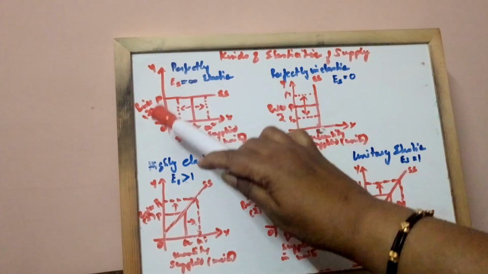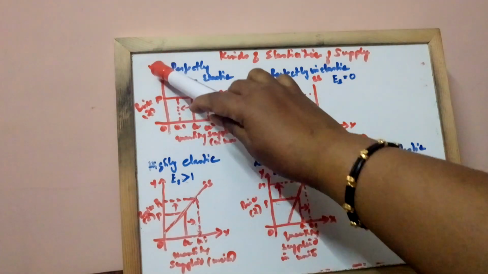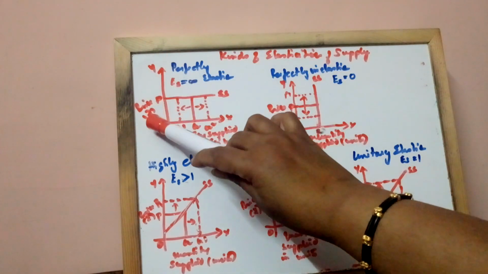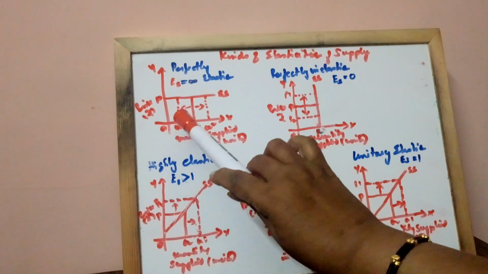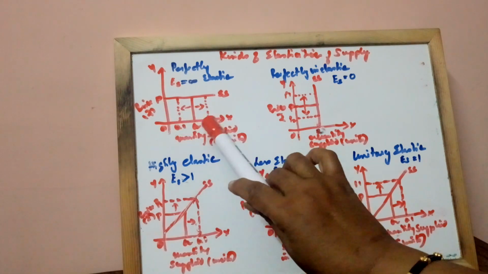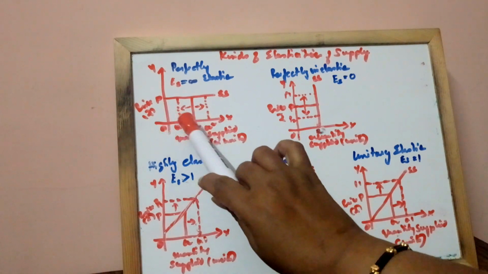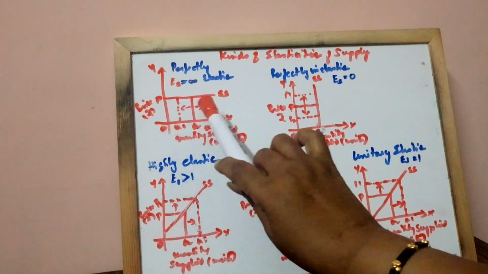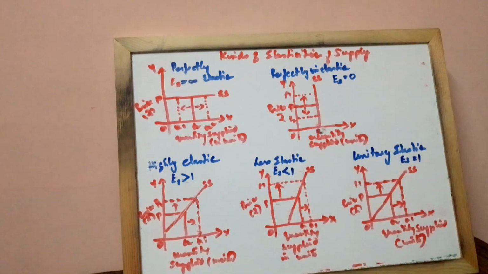So here you find x-axis quantity supplied, y-axis price, OP. There is no change in the price, but the quantity supplied changes, OQ, then it decreases to OQ1, then it increases to OQ2. So when there is an infinite supply at a particular price and the supply becomes zero with a slight fall in price, then the supply of such commodity is said to be perfectly elastic.